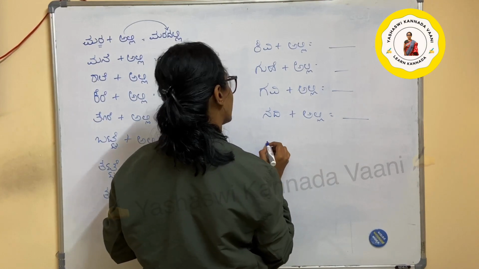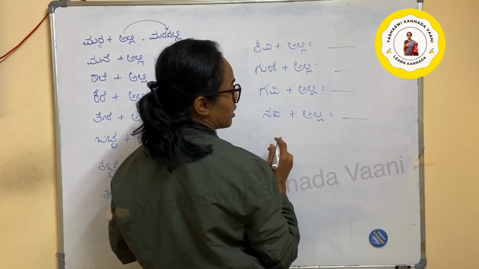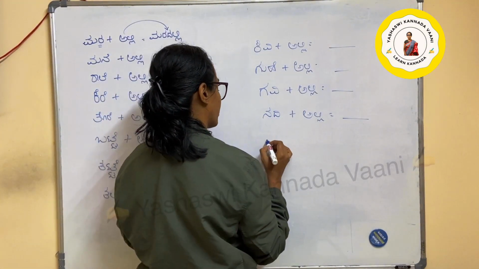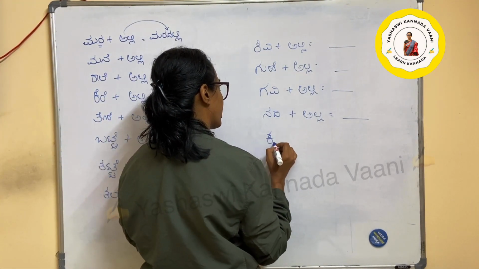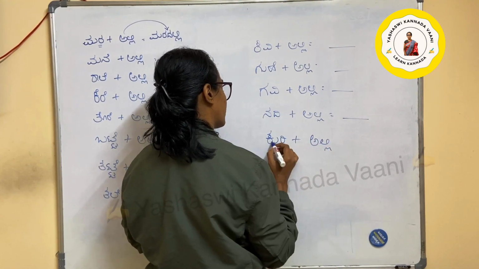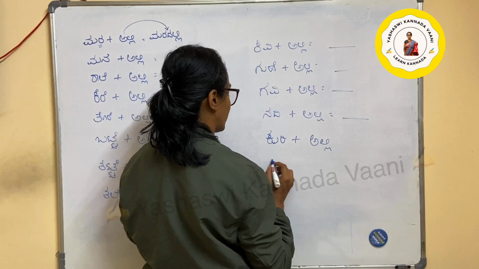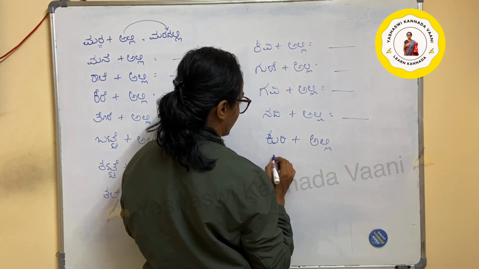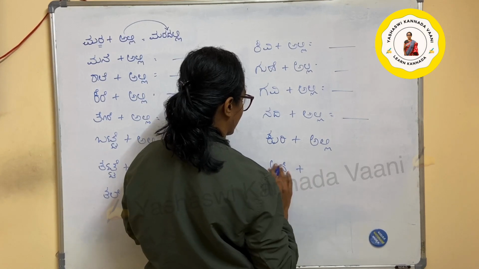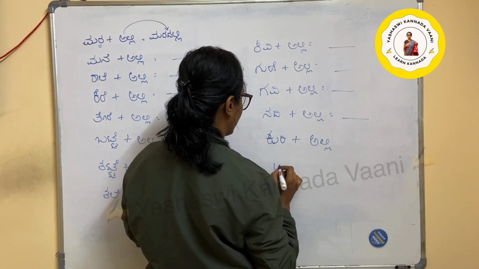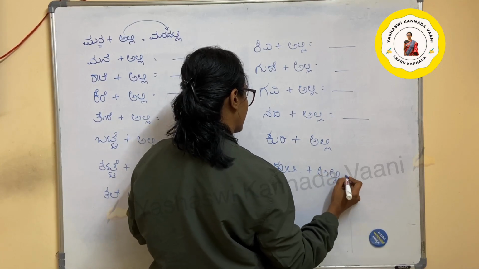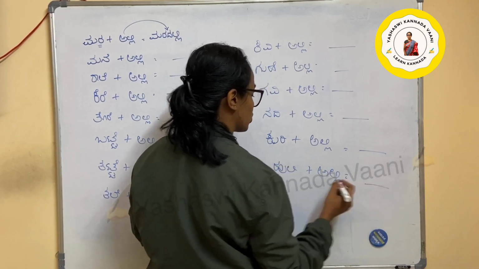Next one, what else can I add actually? Kuri plus alli. Okay, next one, huli plus alli.